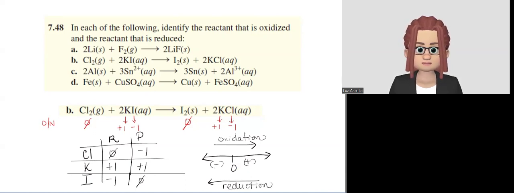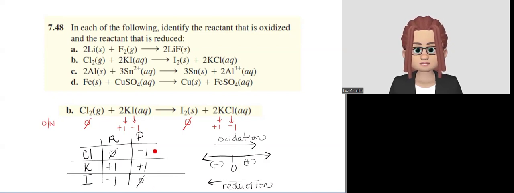So as I explore and observe what happens in terms of the oxidation number, I can notice that potassium remained with the same oxidation number in the reactants and in the products. What is the name for atoms that do not have a change of oxidation number in a reaction? Let's next consider what happened to chlorine and what happened to iodine.